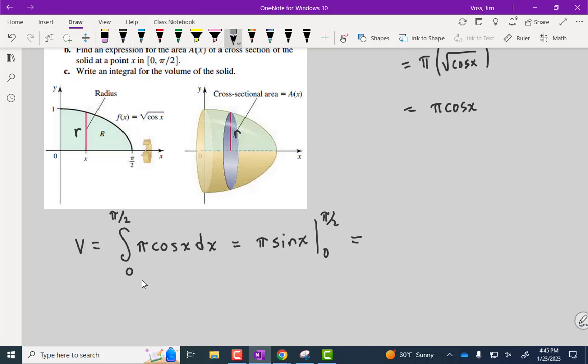And once again, the lower limit's not going to do much. Sine of 0 is 0, so we can ignore it. And sine of pi over 2 is 1. So that is our volume. That is the volume of that solid object created by rotation.